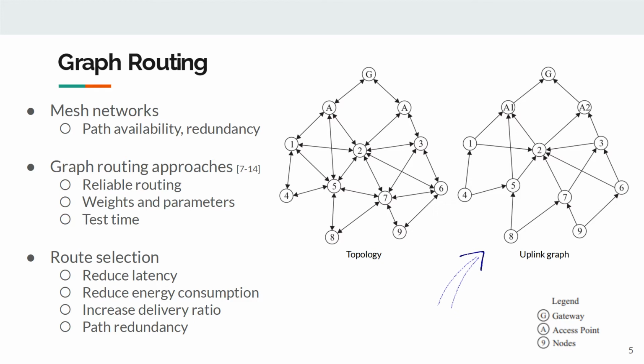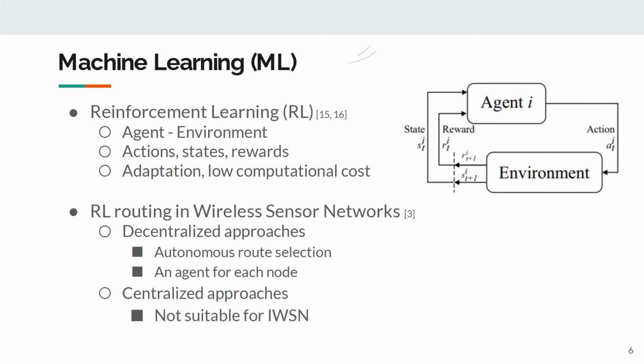Machine learning has been used for routing, providing a system with the ability to learn and improve from experience. Reinforcement learning is an approach that relies on the existence of an agent that interacts with an environment and receives rewards based on the results of its actions.